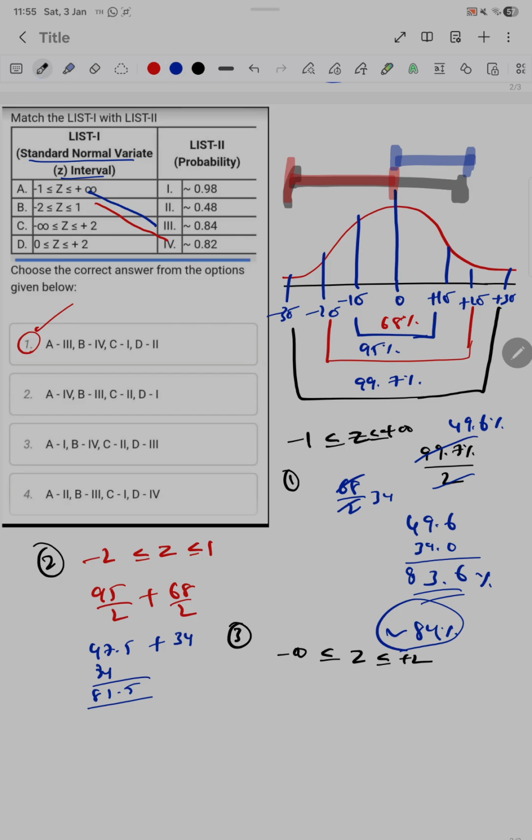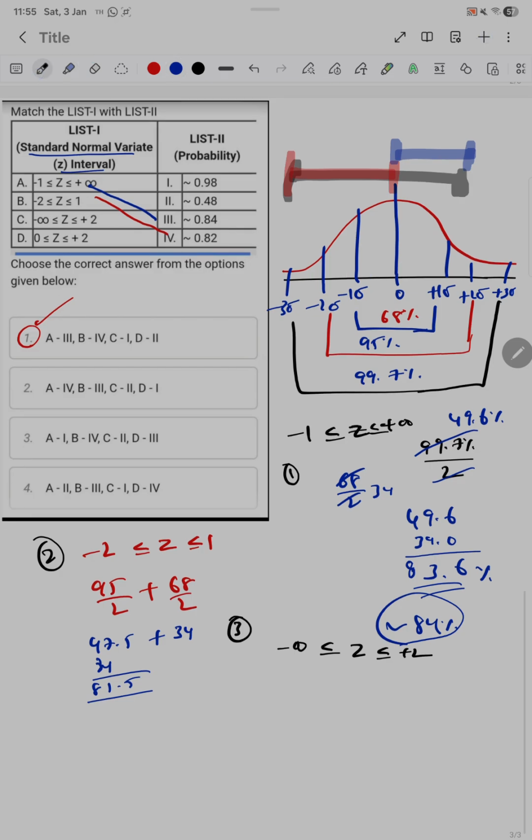So we will do the same thing here. -3 to 0 is 99.7 divided by 2, which will give you 49.6%, plus 0 to +2 is 95 divided by 2, which is 47.5, so which will give us 97.1%, that is option 1.